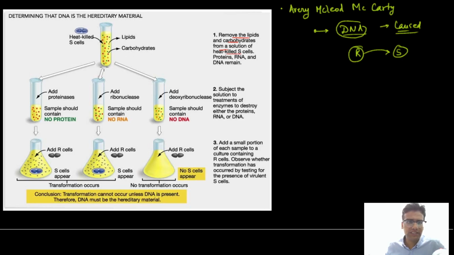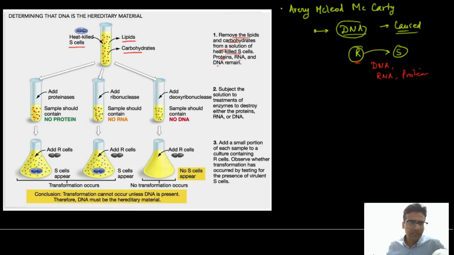So this solution will only contain protein, RNA and DNA. That means the change caused in the first experiment could be due to DNA, or RNA, or protein.